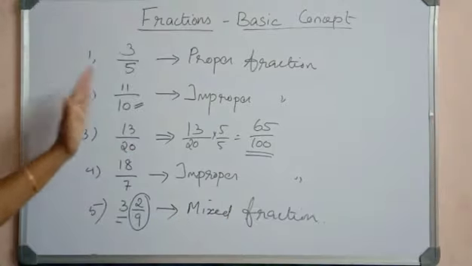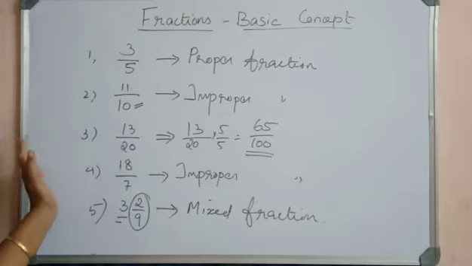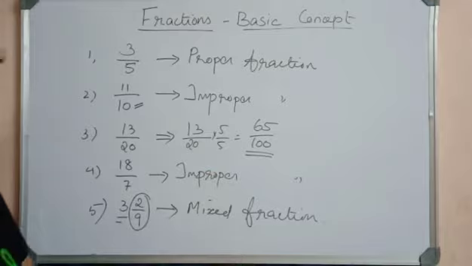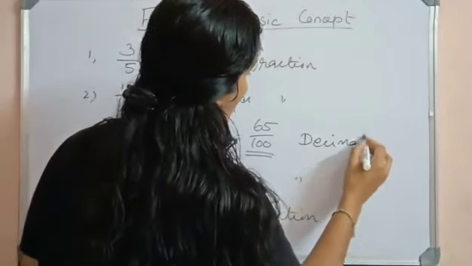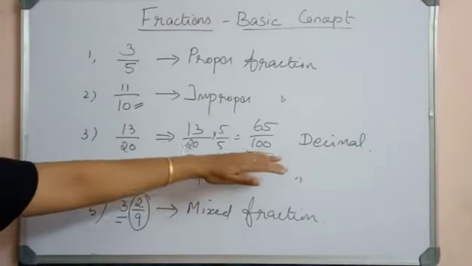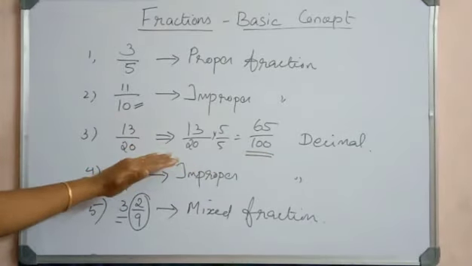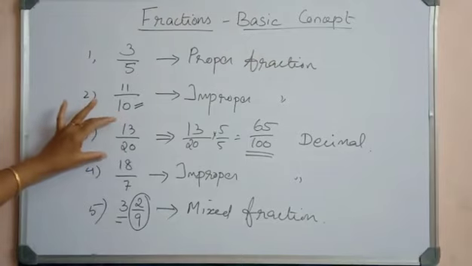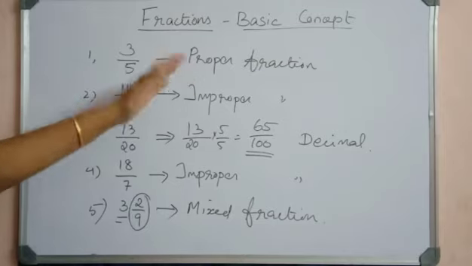So this is how we can classify fractions into proper fraction, improper fraction, decimal fraction, mixed fraction, etc. The decimal fraction can also be considered a proper fraction because the numerator is lesser than the denominator. So here this can be an example of two types of fractions.